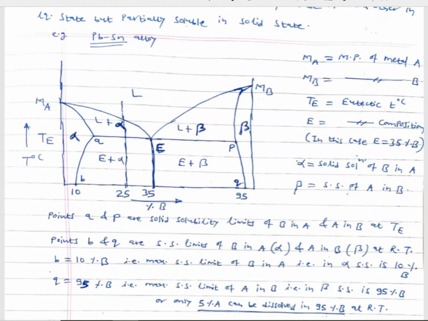More than this cannot be dissolved at room temperature. So a, b, P, Q, these are the solid solubility limits. That's why it is known as partial soluble alloy system in solid state.